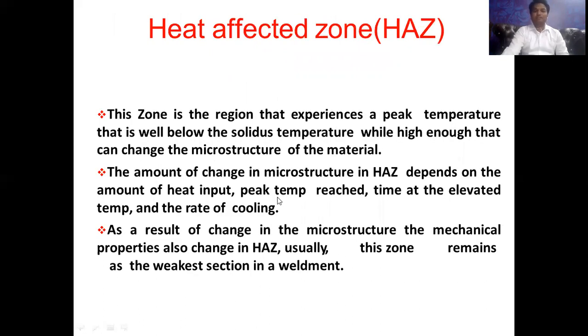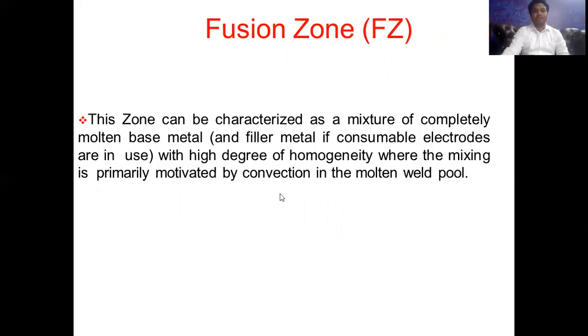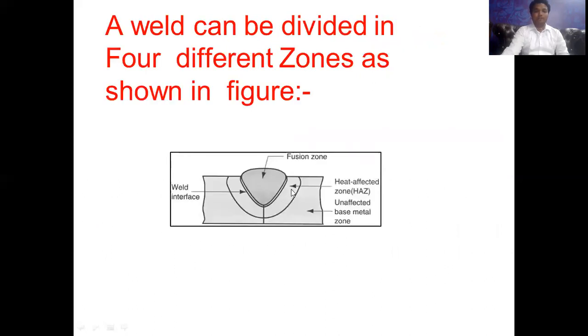Then another zone we have is the heat affected zone. This zone is the region that experiences a peak temperature that is well below the solidus temperature, while high enough to change the microstructure of the material. If you look at the very next zone to the weld interface, it is the heat affected zone. There is a weld interface between the heat affected zone and the fusion zone.